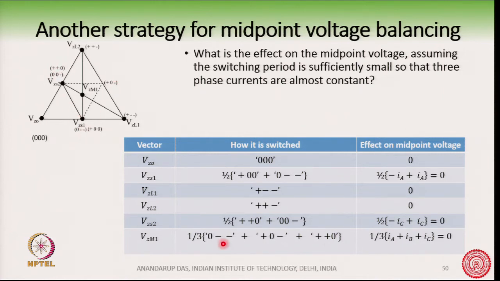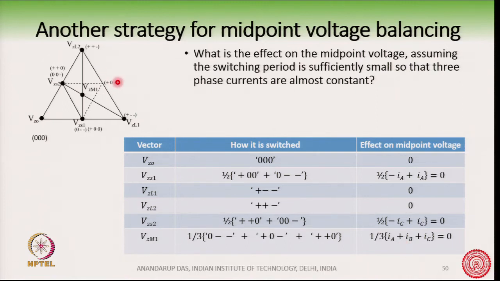Now, what is the midpoint current with 0 minus minus? The midpoint current is IA. With plus 0 minus, what is the midpoint current? IB. That was the problematic case. If you remember, this was the problematic case.